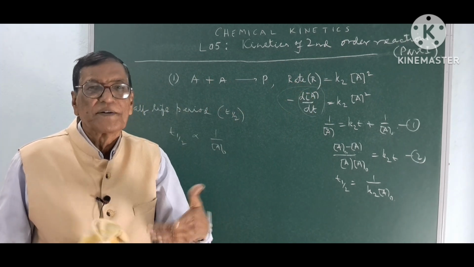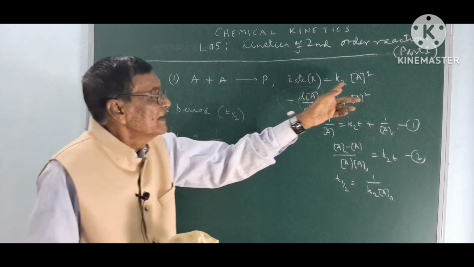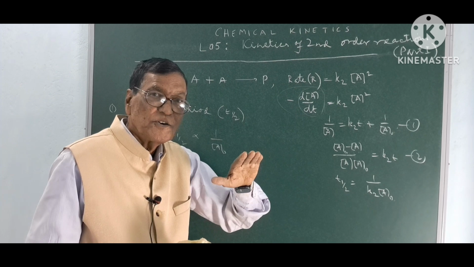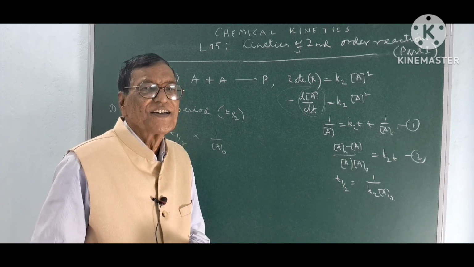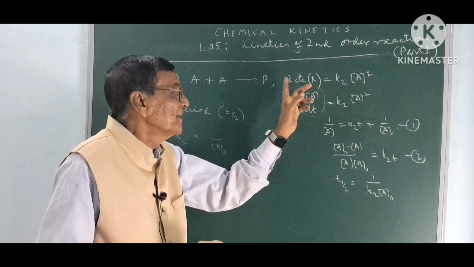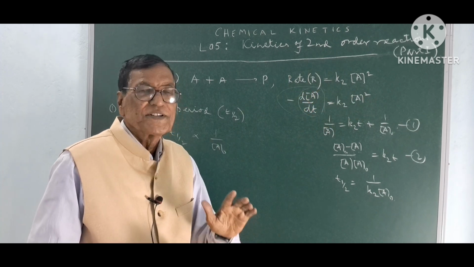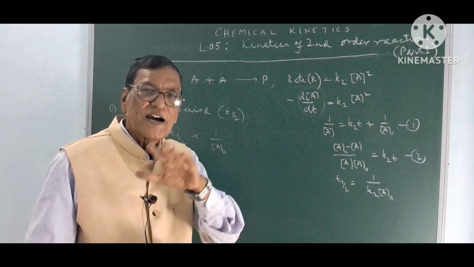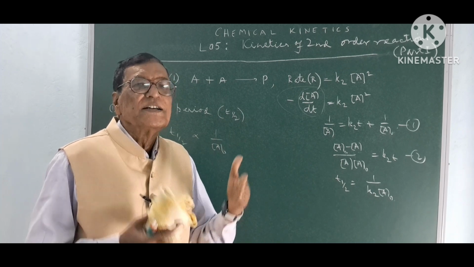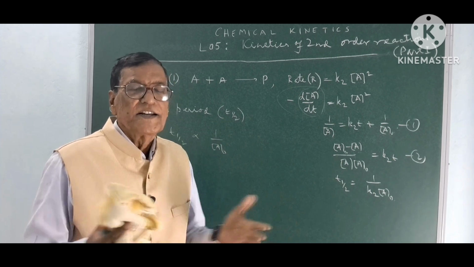You see, if you double the concentration of this A, the rate becomes 4 times greater. So rate becomes higher means the time required for half decomposition is getting less.